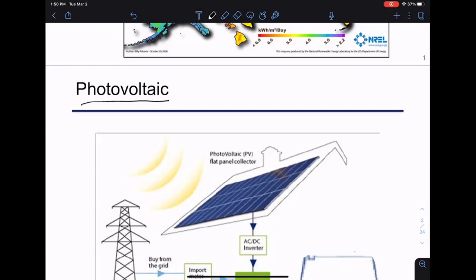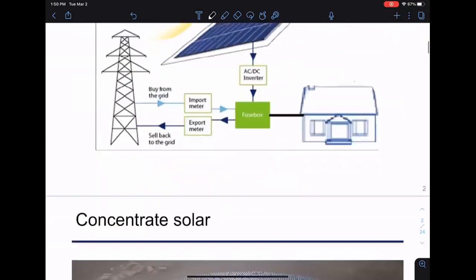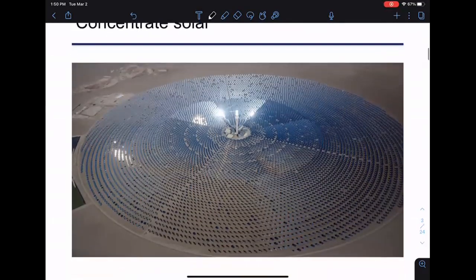Solar thermal, right, or solar water heating. That's basically concentrated solar. These are mirrors that heat up something, typically not water. You want something with a higher specific heat capacity, so salt is often used.